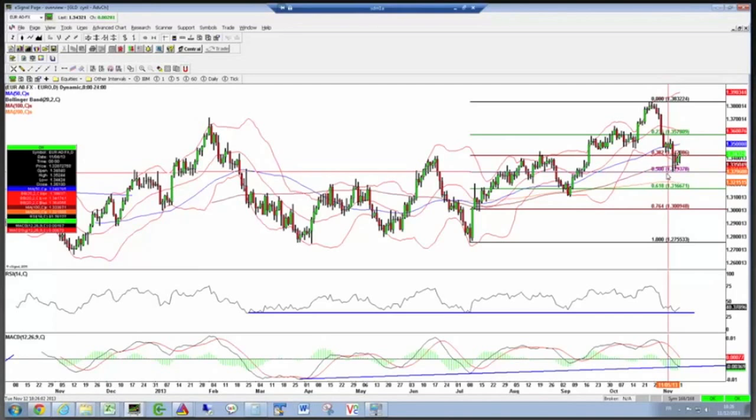So this 50% Fibonacci retracement at 132.90 is a key pivot point, because it's the 50% Fibonacci retracement and the rising 20-week moving average.